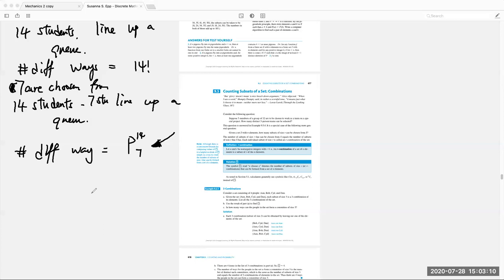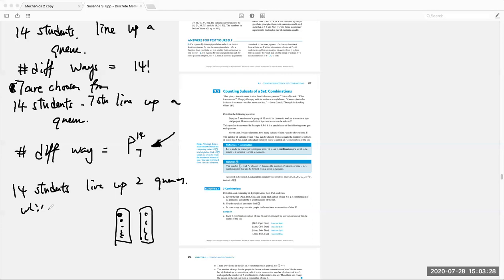Okay, so let me give you one more challenge. There are 14 students. They want to line up in 2 queues, that means two rows, and each queue has 7 students. What is the number of different ways to line up?